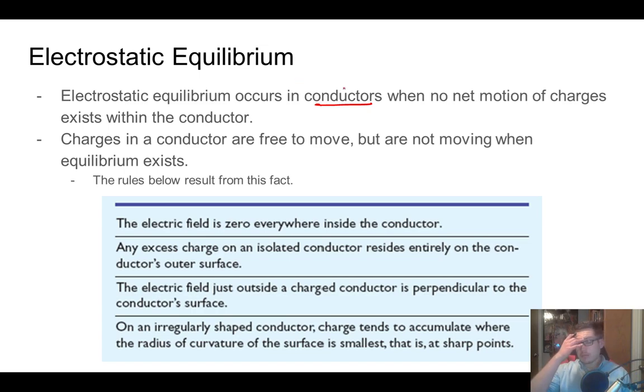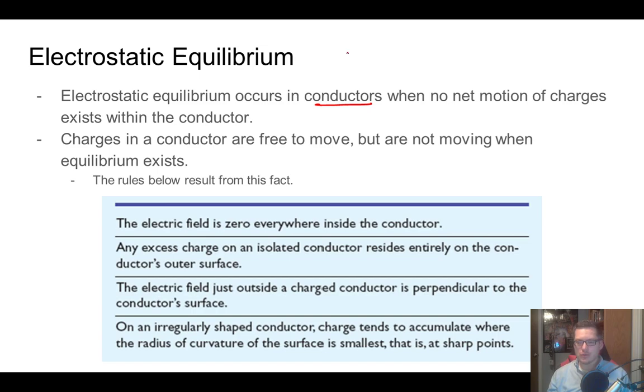Now, part of the trick is that your charges have to have the ability to move. They can't be fixed in place. And there are some ways we can do that. But in order to have electrostatic equilibrium, they cannot be moving, but they have to have the ability to move. So they have to have freedom to move, but they are not moving.